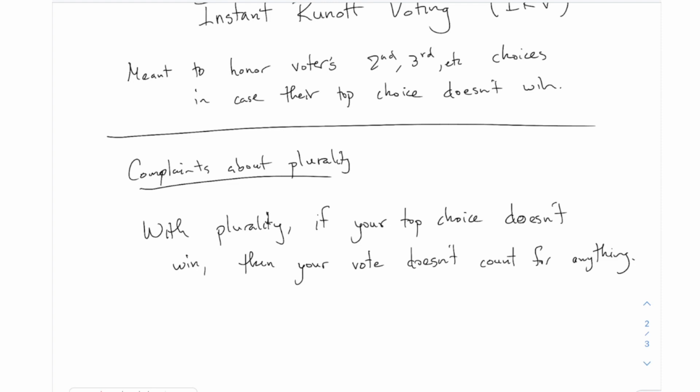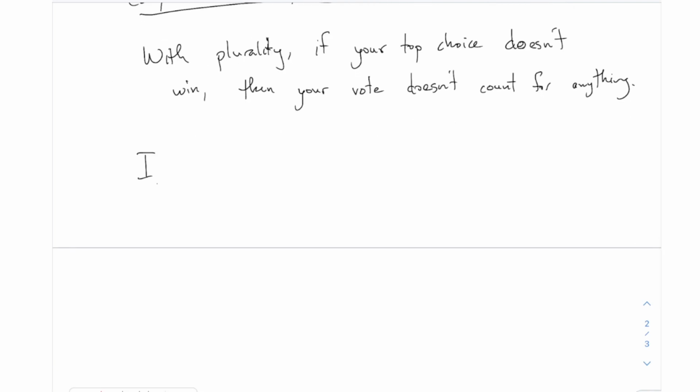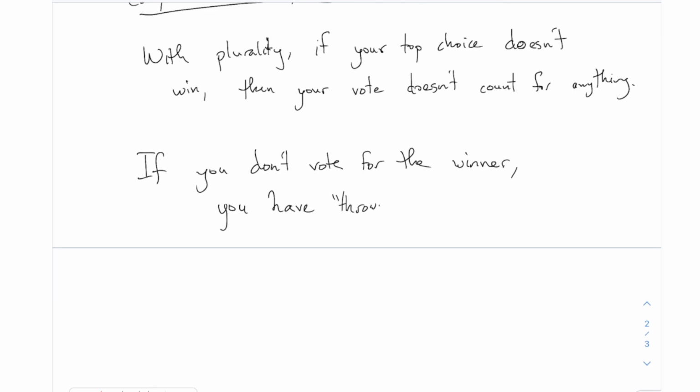I'm not going to talk about my own opinions about politics. These are just true facts about the way it works in the United States. If you don't vote for the winner, then your vote is useless, right? The phrase that people use in American politics is you have thrown your vote away.